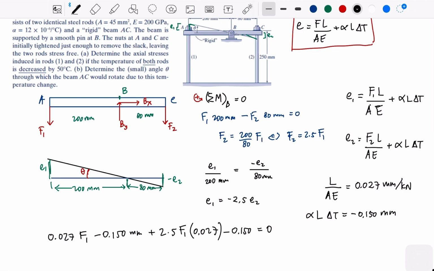This is supposed to be this one, okay, plus this one equals 0. So I put all directly already computed.